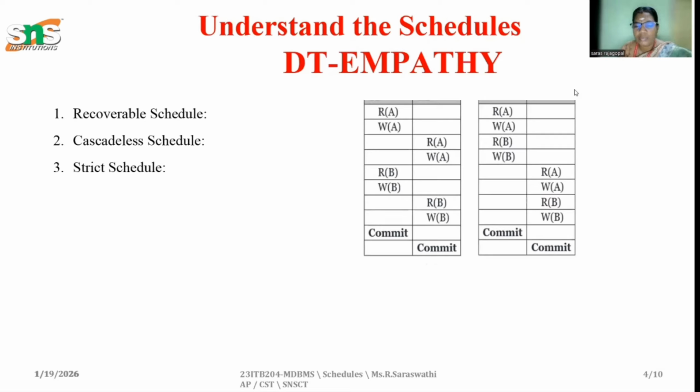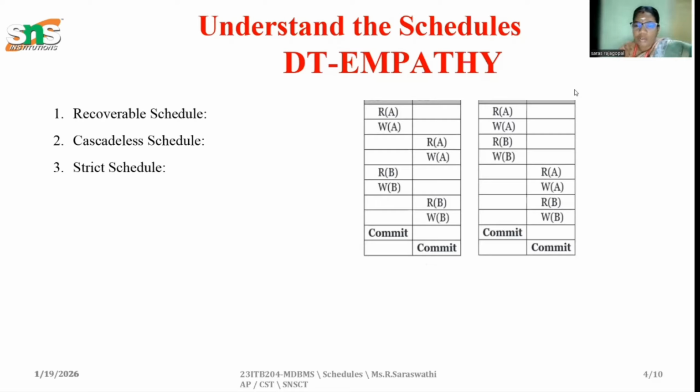After that, read of A and write of A are applied for the other transaction. Again, read of B and write of B are completed, and then the same for the other transaction. When the process is completed, it commits, and T2 also commits.